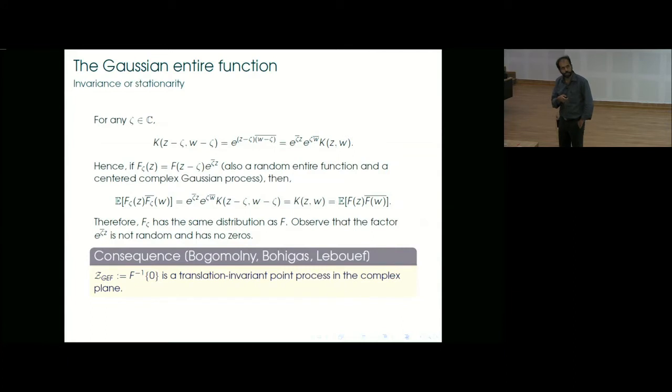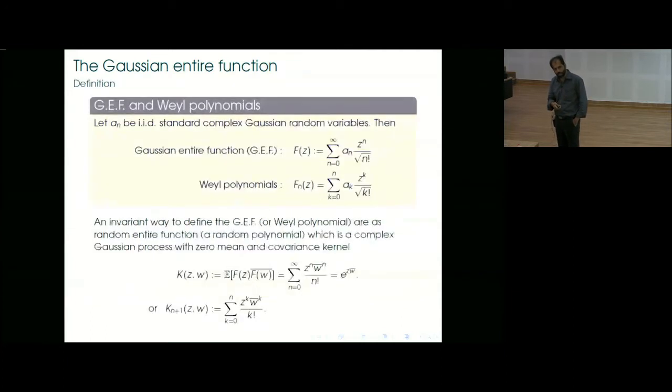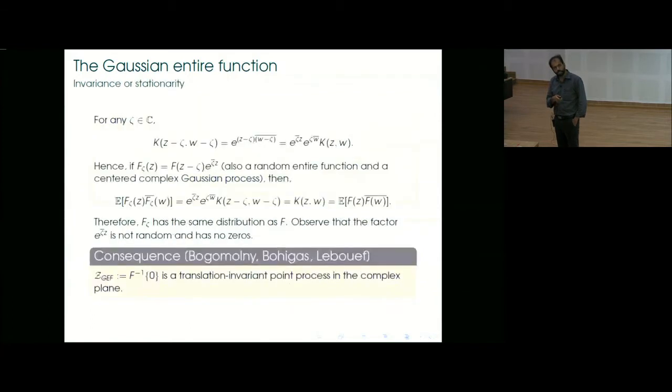What do we mean? Let's just look at this covariance function for a moment. This is e^{z w bar}. Suppose you consider the covariance at z minus zeta and w minus zeta, for some fixed zeta. Then it is e^{(z minus zeta)(w minus zeta) bar}. If you expand it, you will get e^{z w bar}, that's one term, that's k(z,w), along with, I actually missed some terms here, sorry.